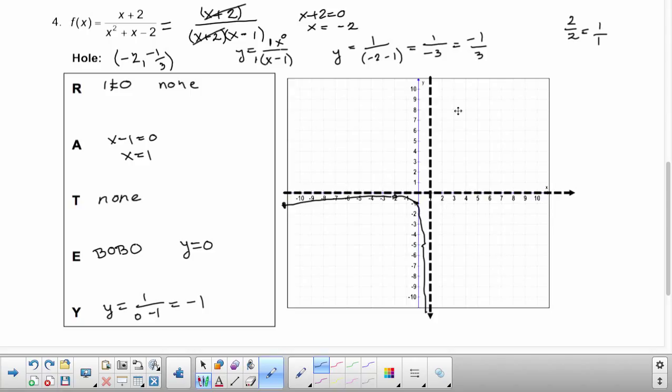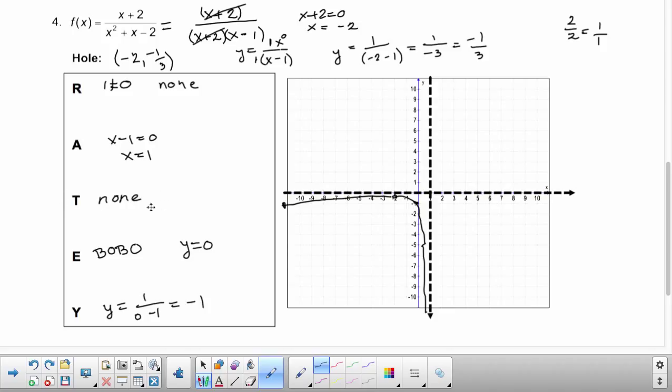Now to figure out what's going on the right hand side of my asymptote, I could do one of 2 things. One, I could pick an x value over here, plug it in, and test where my y value is going to be, either positive or negative. Or I could save myself some time by remembering that I can get this information from T. There was no tangency and no togetherness.